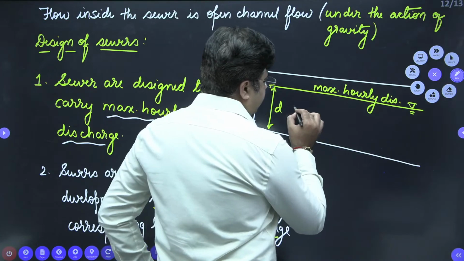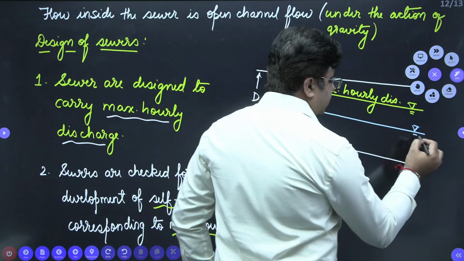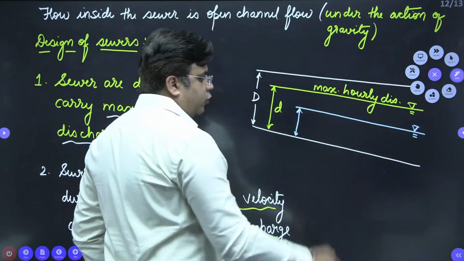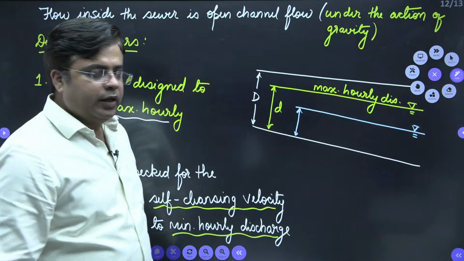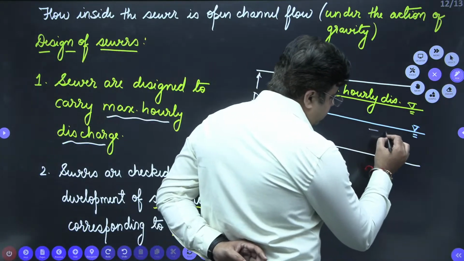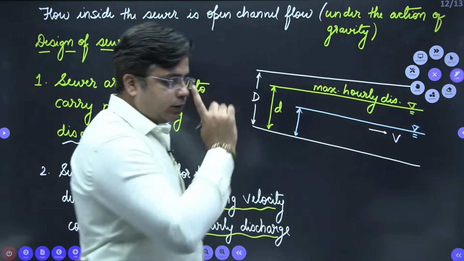So this is your depth of flow corresponding to minimum hourly discharge, right? Corresponding to this depth of flow, there will be one flow velocity like this.